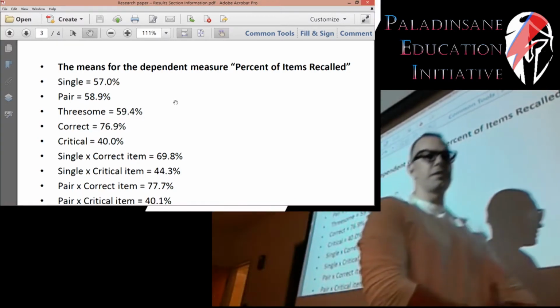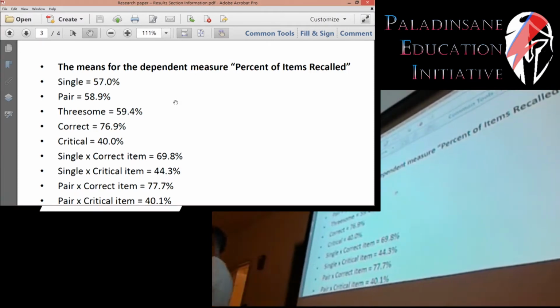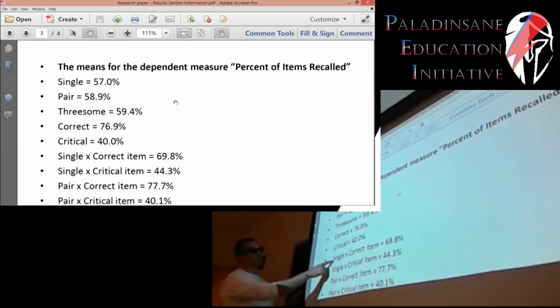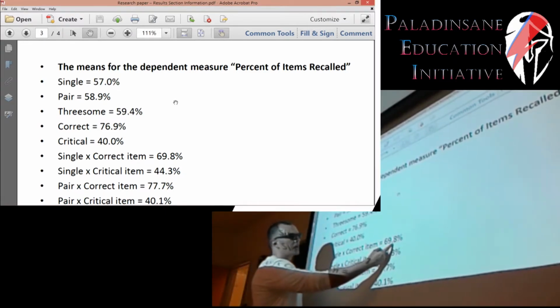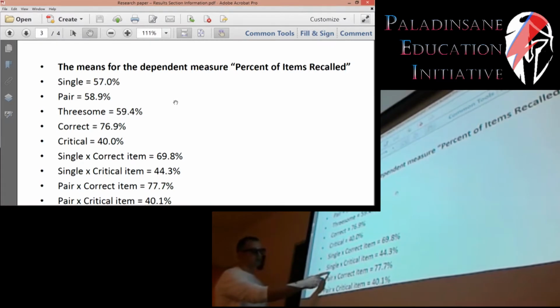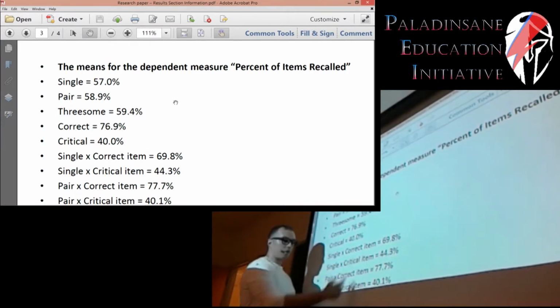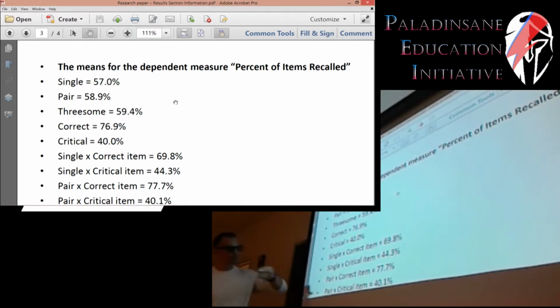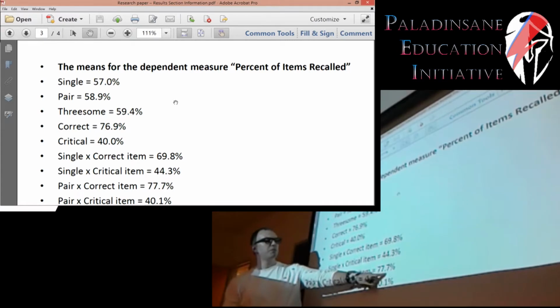And then the last part indicates the combination of those two conditions. Singles recalled correct items at a rate of 69.8%. Singles recalled critical items, false items, at a rate of 44.3%. Pairs recalled correct items at a rate of 77.7%.